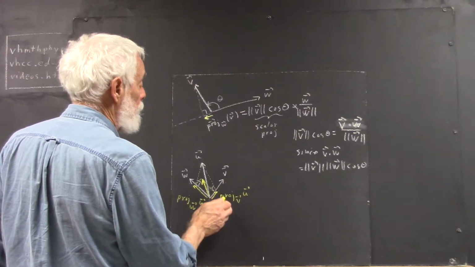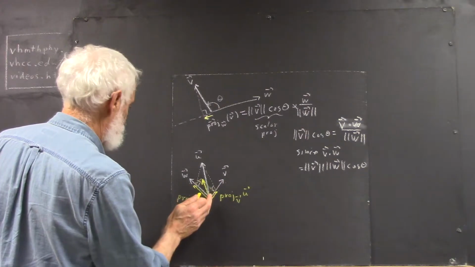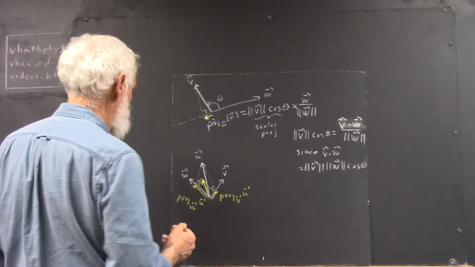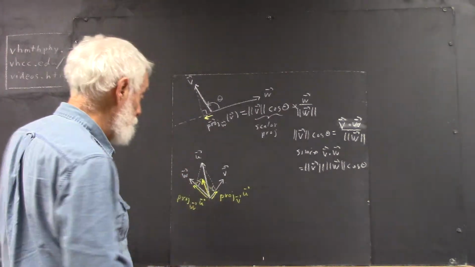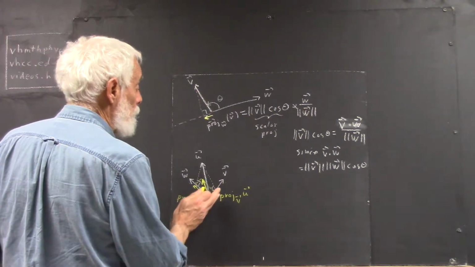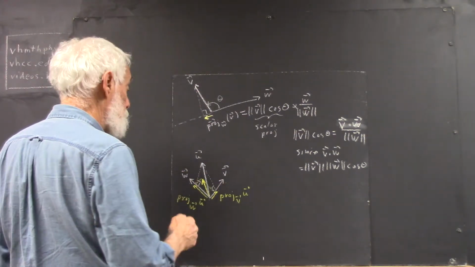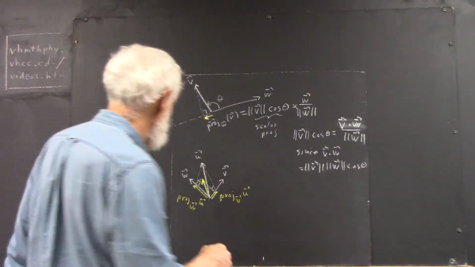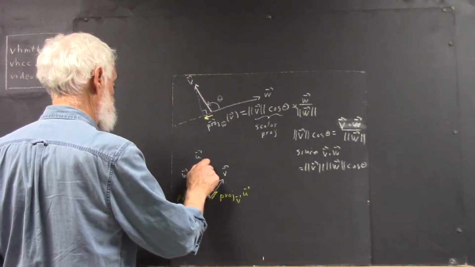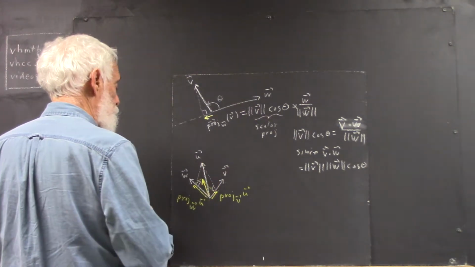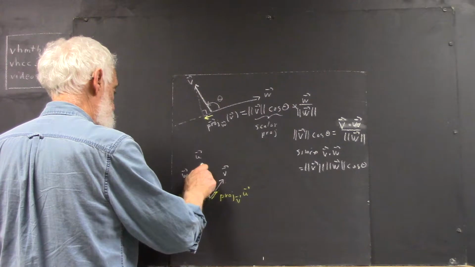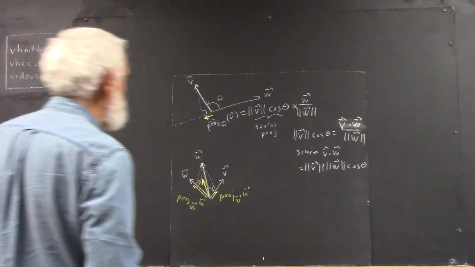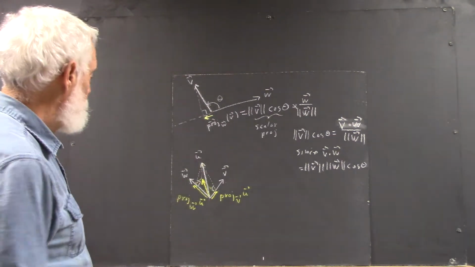Because if I add a vector in the direction of V to a vector in the direction of W, that vector is going to be in the plane defined by V and W. So this vector U projects at a right angle also to this vector, and in fact to any vector in the plane.